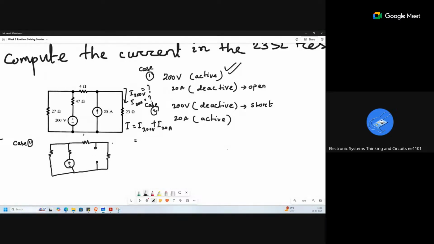This current source, this will be 4 ohm, this will be 23 ohm, this will be 200 volt, this is 47 ohm, and this is 27 ohm. So this is the meaning of deactivating the 20 ampere source: a current source deactivated means open circuit. A voltage source deactivated means short circuit. That means the case 2 figure will be your next circuit.